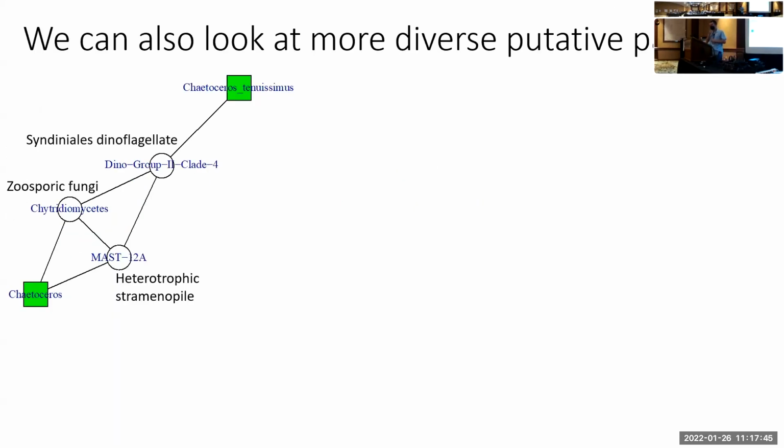Another cool thing about this idea is that we can expand to a much broader diversity of potential parasites. Here we're looking at two Chaetoceros species interacting with a very diverse collection of three different potential parasites.